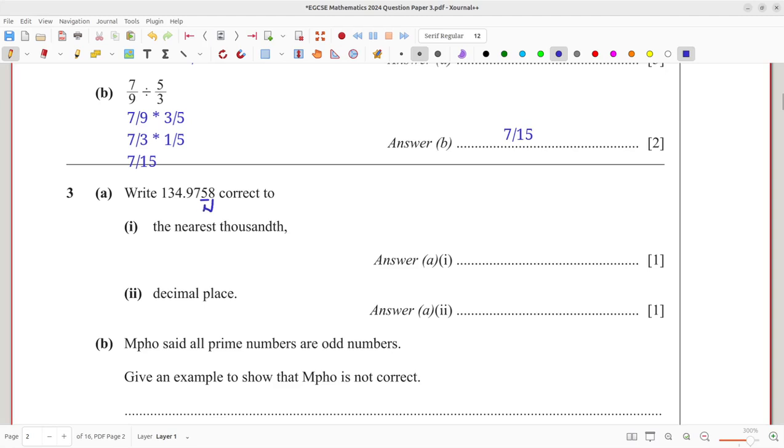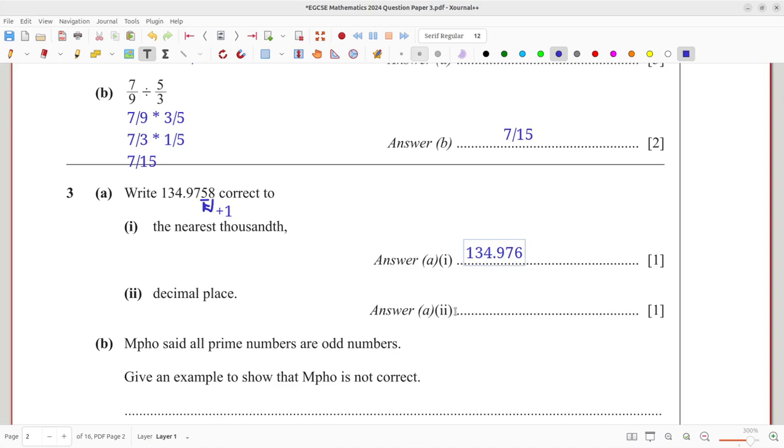You look at the number from that side. So this is going to be 8. Since 8 is more than 5, it's just going to be a plus 1. So it's going to give you 134.976 to the nearest 1000.